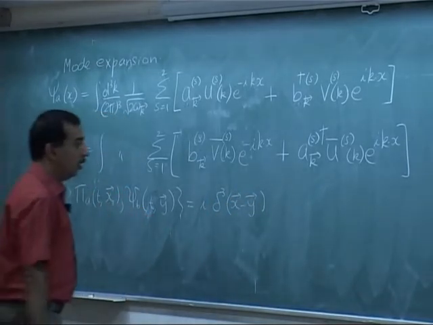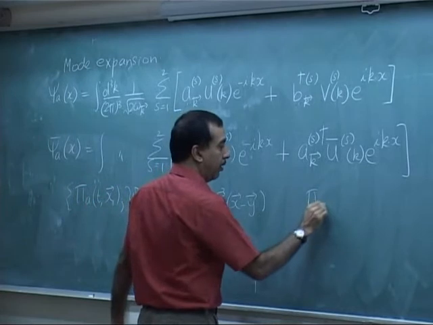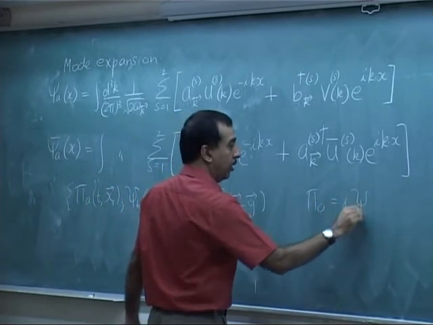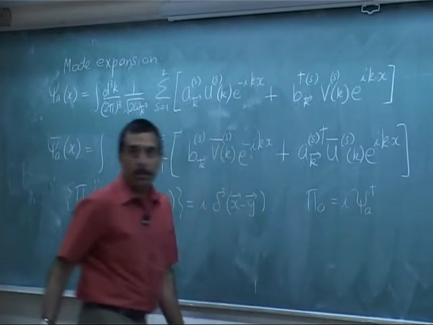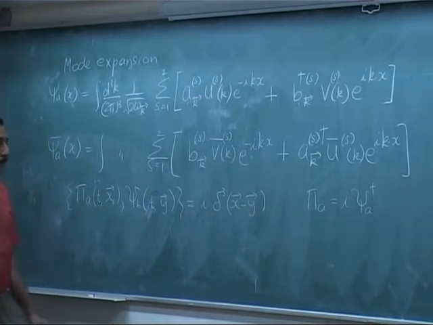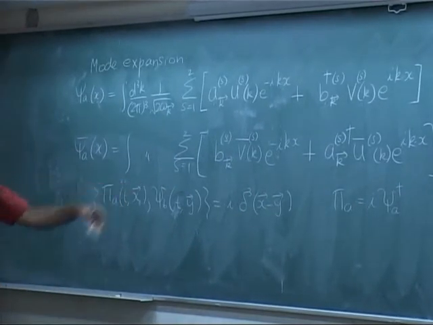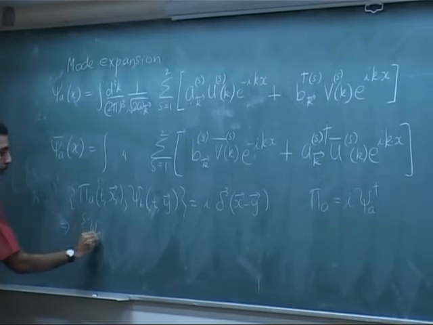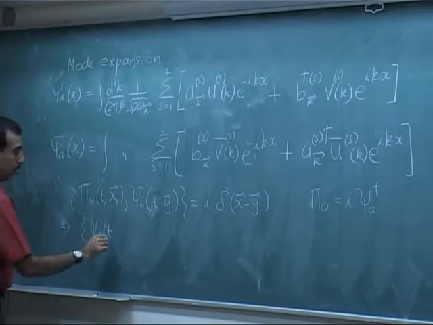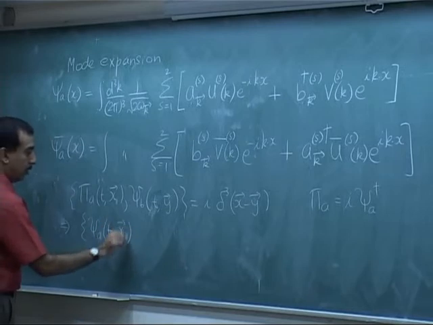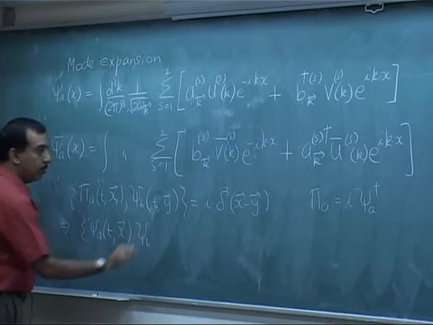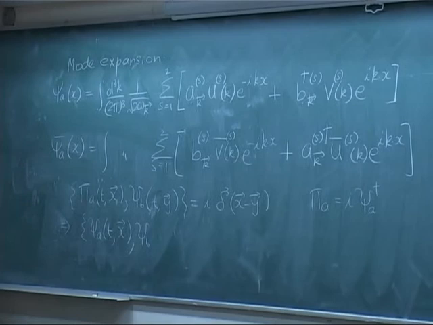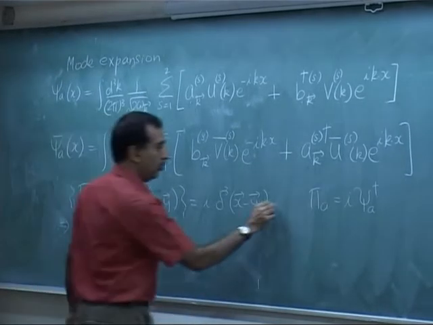But we also learnt that pi_A is nothing but i psi_A dagger. This we saw last time. Therefore, the i cancels out and we find the anti-commutator of psi_A dagger(x) and psi_B(y) equals delta_AB.